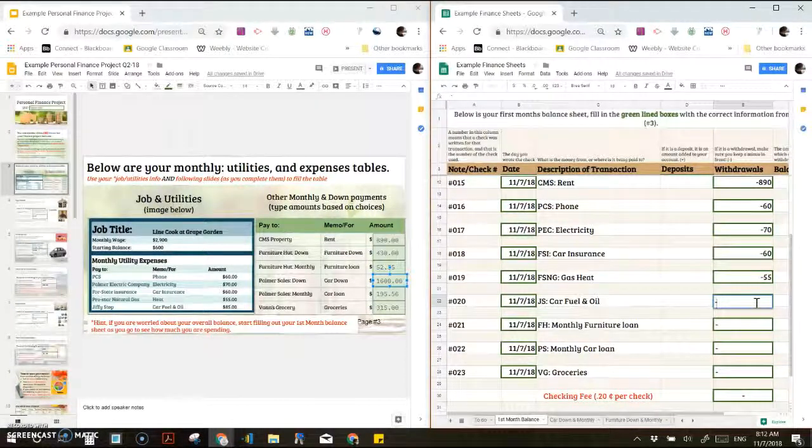All right, my car and fuel oil was $85, and my monthly furniture loan, furniture monthly $52.5, monthly car loan $195.56. Now, if you guys are buying things that are new at stores, you're going to have higher payments.